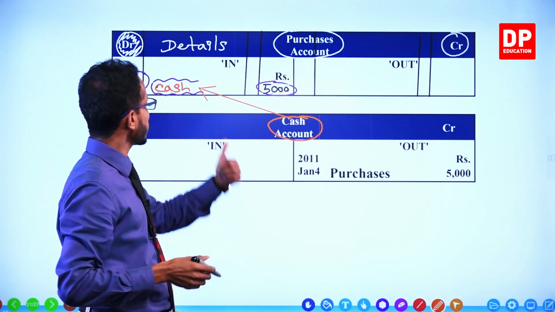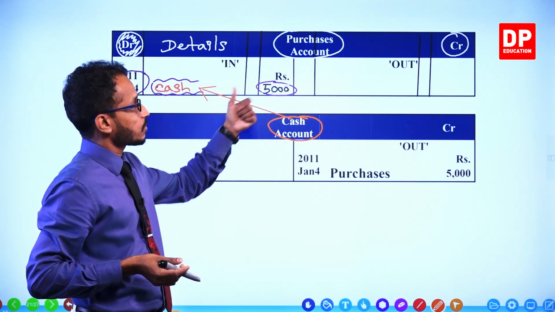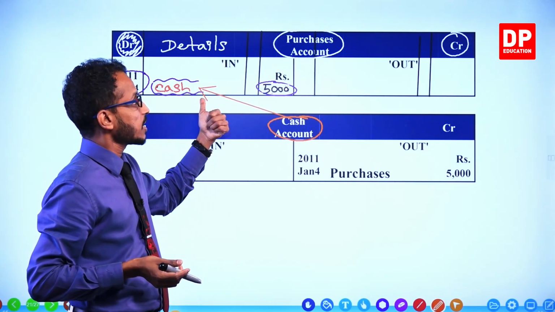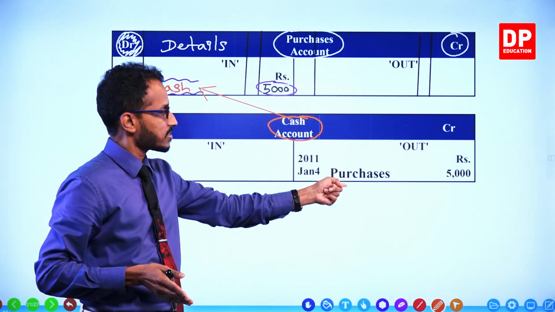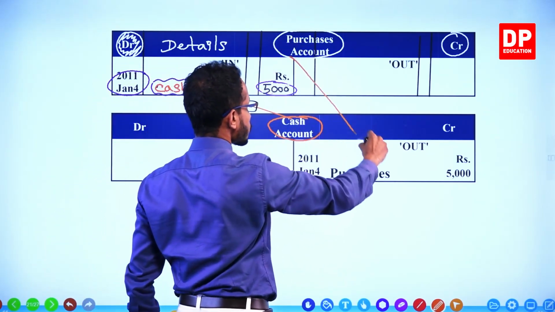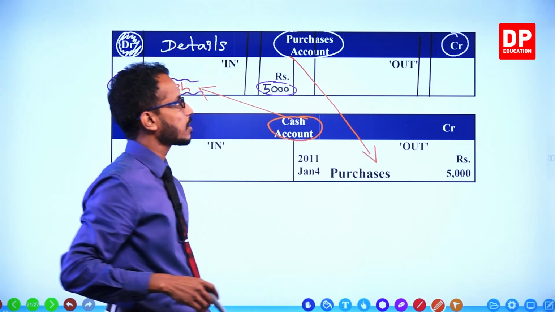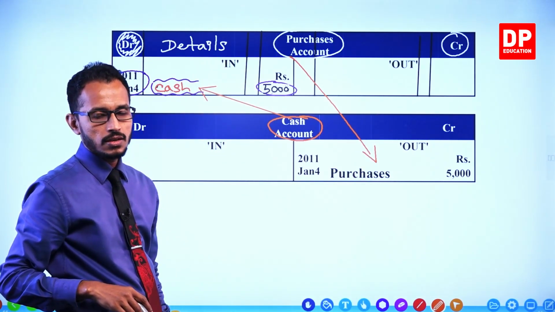That is the description of the purchases account. Then in the cash account, which is the other account, the description is purchases. It comes from the debit account.